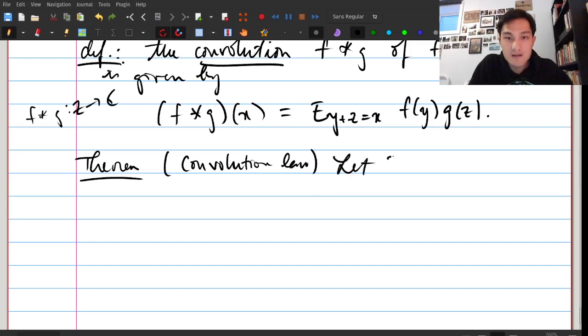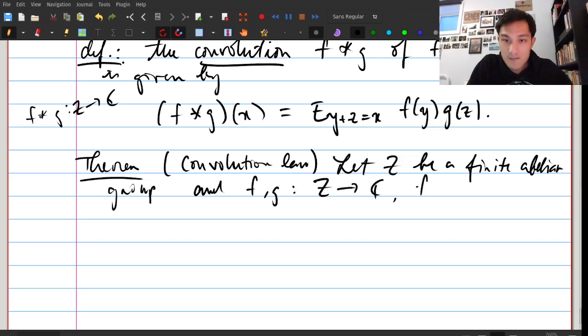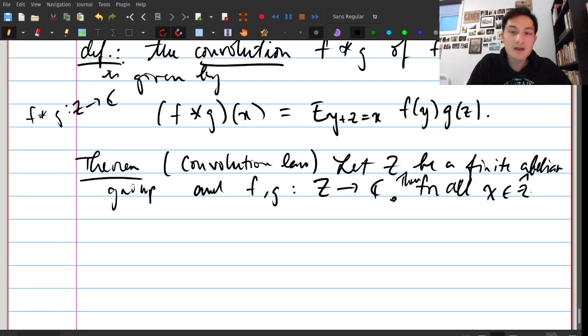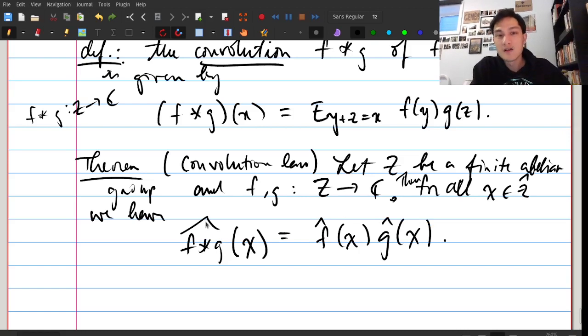Let Z be a finite abelian group, because that's what we're considering, and f, g be functions from Z to C. Then for all chi in Z hat, the dual group, we have that the Fourier transform of f convolved with g, evaluated at chi, is equal to f hat evaluated at chi times g hat evaluated at chi.